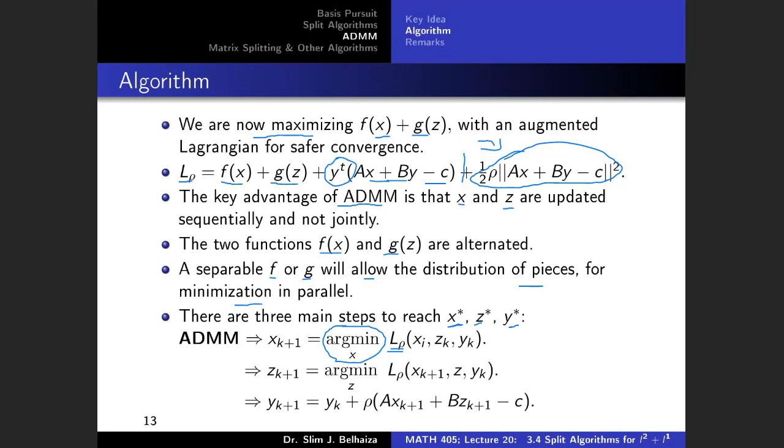Let me check the textbook. It's a typing mistake on my part. It should have been max. No, it's okay. I think that's a typo on their part, because they are talking about maximizing.